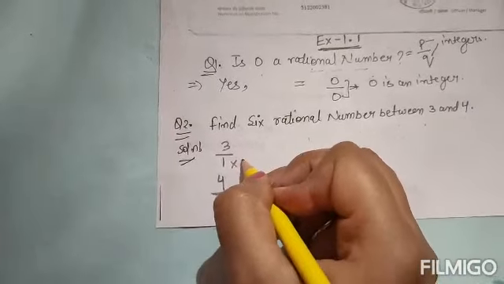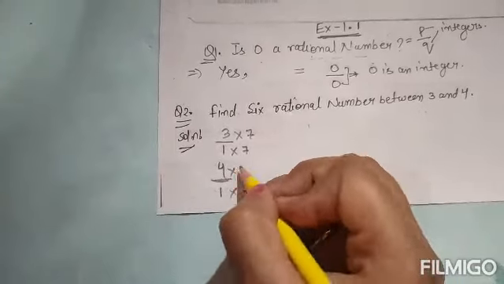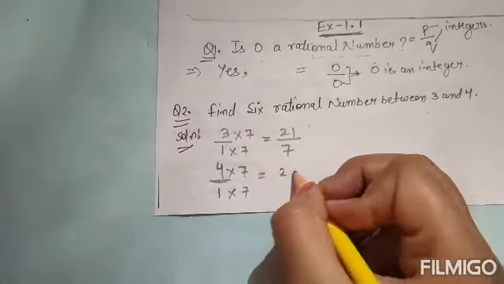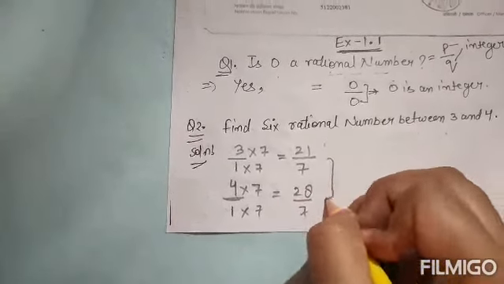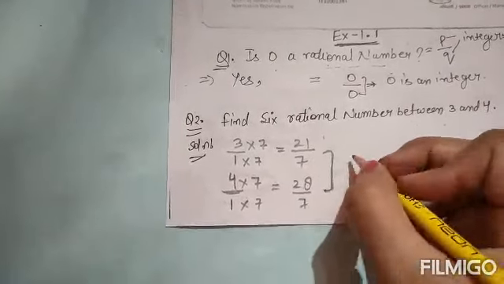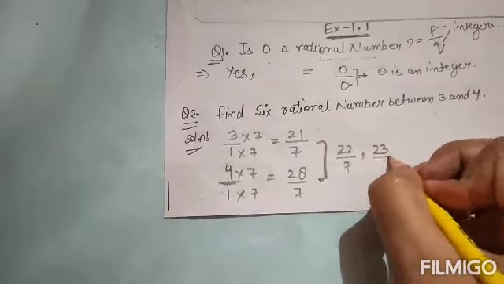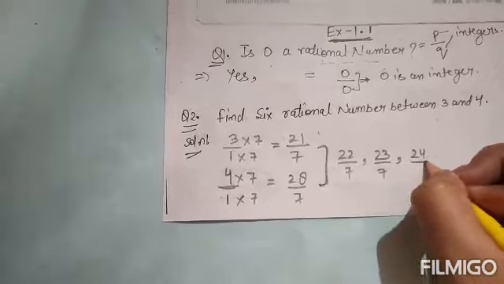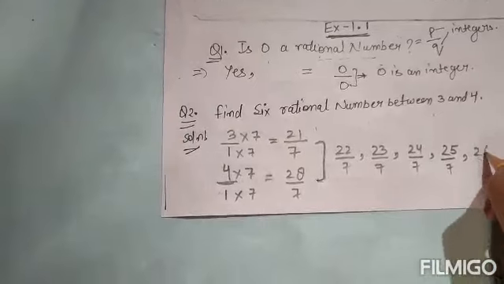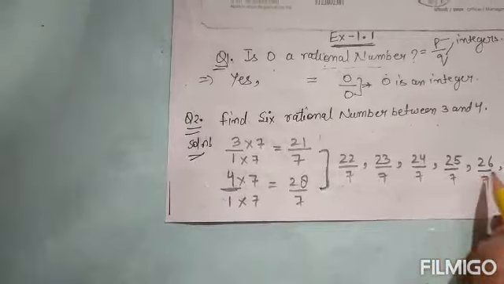We will multiply with the number 7, both in numerator and denominator, so it will be 21 by 7 and this will be 28 by 7. Now look, these two numbers already include 6 rational numbers in between, which are 22 by 7, 23 by 7, 24 by 7, 25 by 7, 26 by 7, 27 by 7.